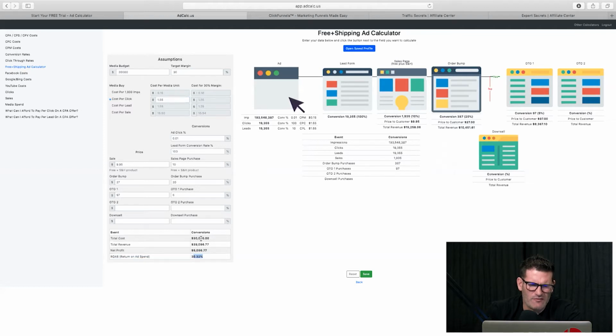So for every $30,000 that you spend, you're going to get back $39,096.77. Your net profit, your gross margin is $9,096.77. It's a great campaign, right? So this calculator is doing all the math for you.